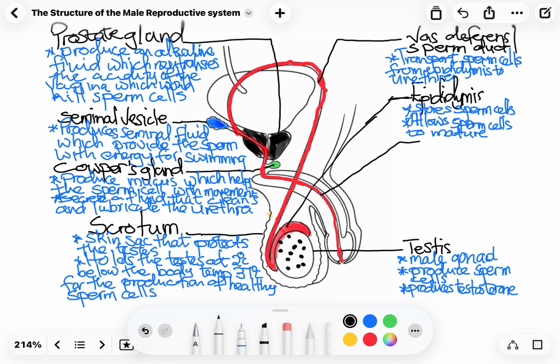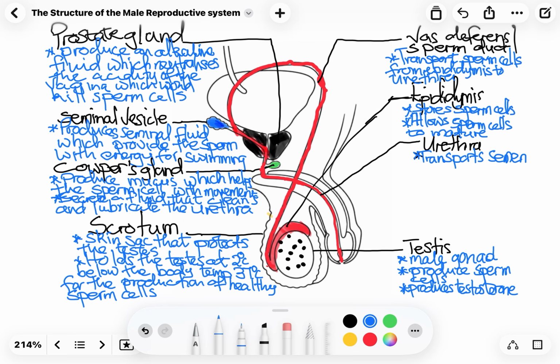We're going to identify it as the urethra. The urethra has got two functions. Number one, it's carrying or it's transporting semen.